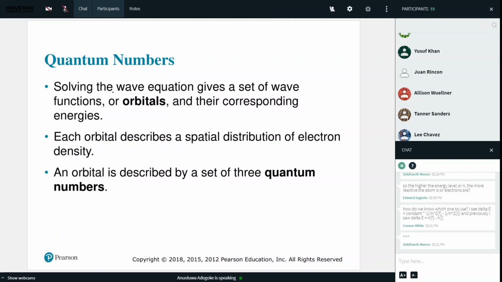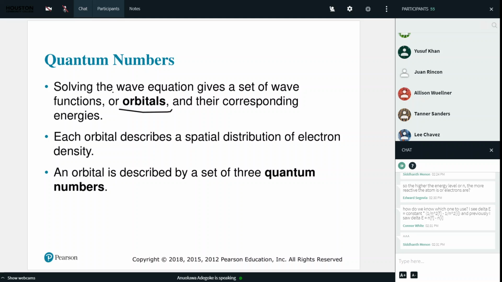Wave function is another word for orbitals. Orbitals are where we can find electrons in an atom. Orbitals are located on the energy level. Remember, Niels Bohr said we can find electrons on the energy level. We saw that earlier, but it didn't pinpoint where exactly we can find electrons.